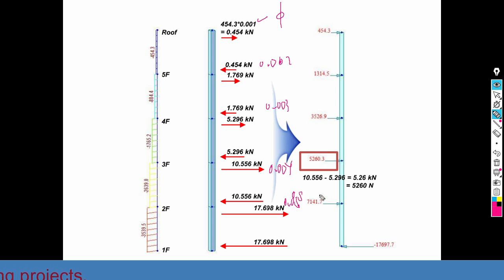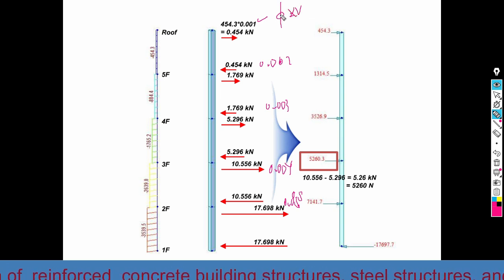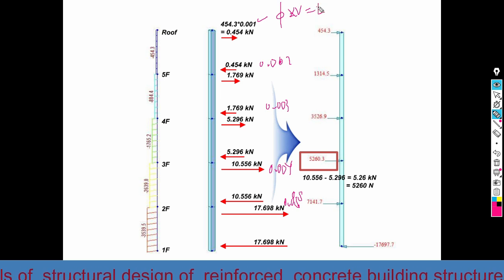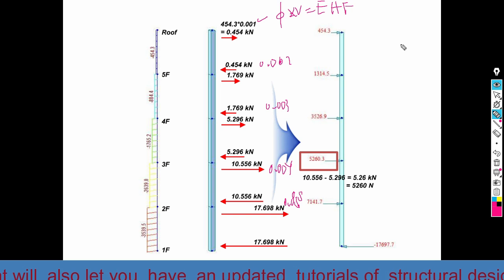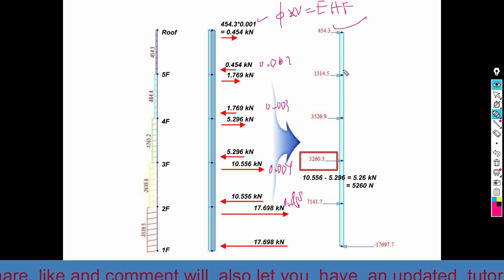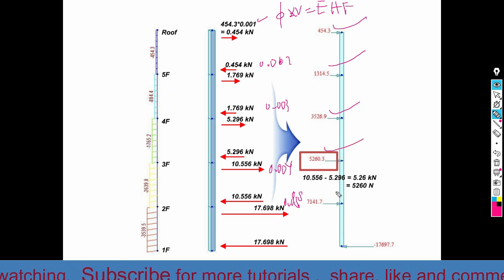0.05 for this one. So using this value, we can multiply the vertical load with the phi value in order to obtain the equivalent horizontal force. So here, this is the final nodal force which will be applied at the nodes of every column.